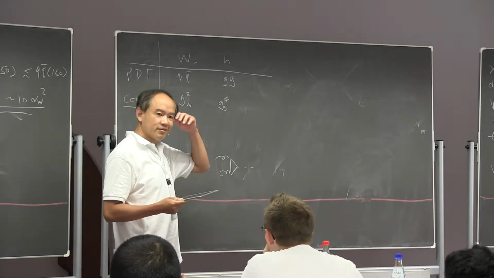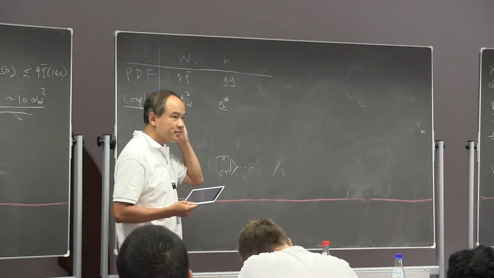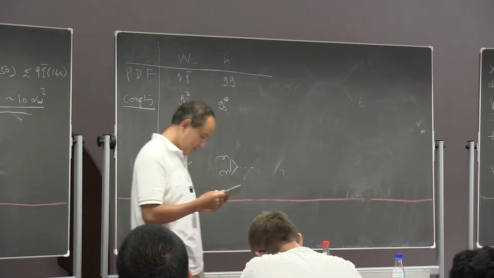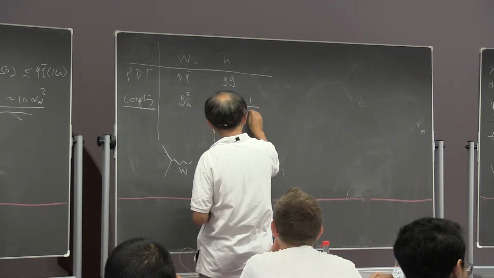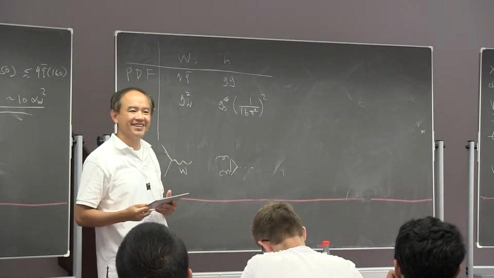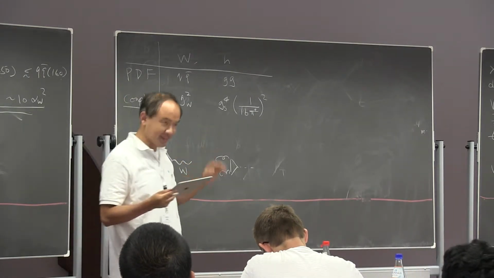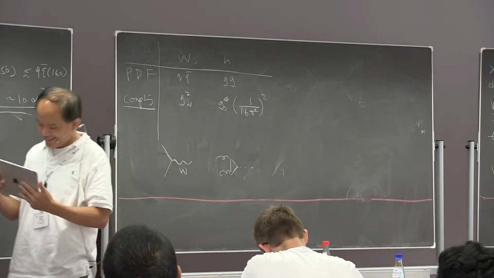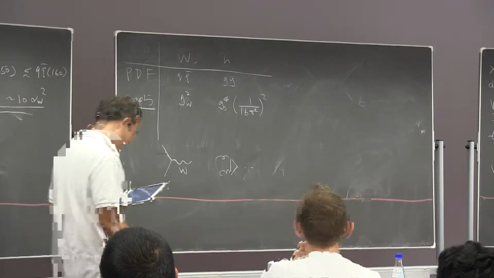What's the size of this loop? Christoph talked about this morning, if you look at his formula. But I cannot calculate loops, so I would just say it's 16 pi squared. At least the number of pi's is correct. I don't know about the number of other things. So that's the size of this.